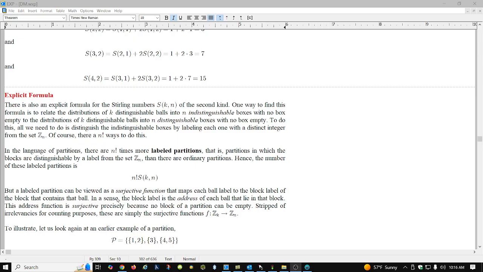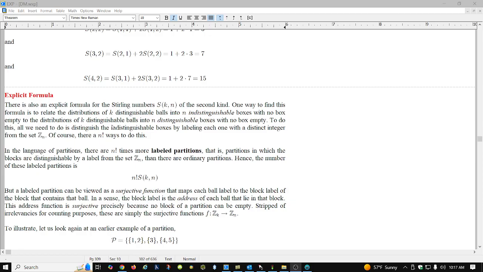So we relate the indistinguishable box case to the distinguishable box case, which we'll have, as I say, better luck finding the counting set. Well, how do you turn indistinguishable boxes into distinguishable boxes? If there are n of the boxes, all you do is you label the boxes 1 through n, and now they're distinguishable by their label.